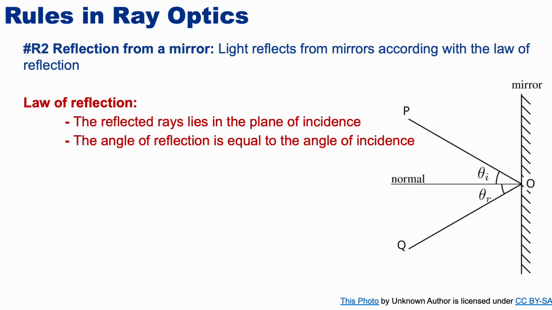From P to the mirror the ray follows a straight line, and because it meets a planar mirror, the light gets reflected. It travels from P to the mirror at O, and then from O to Q, which is our reflected ray, in such a way that the incidence angle is equal to the reflected angle. Every time light reflects, the angle with respect to the normal needs to be exactly the same.